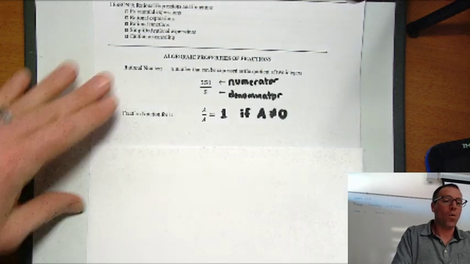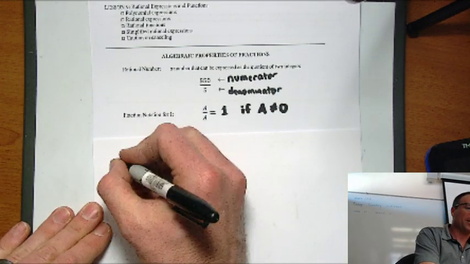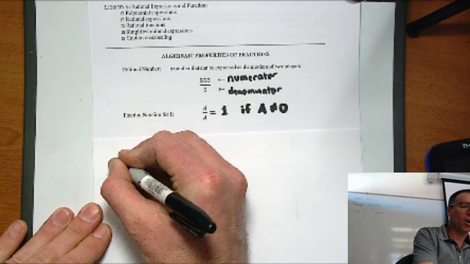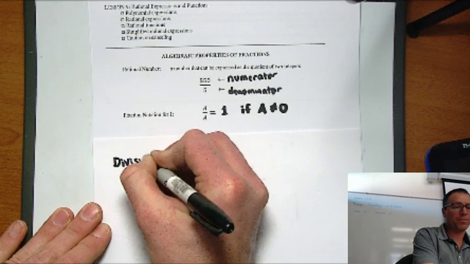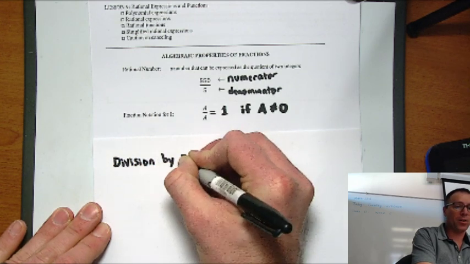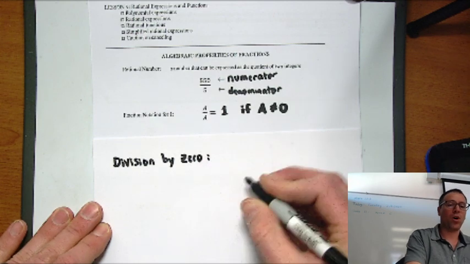Okay, so what I want to do is I want to study 2 cases. We're going to call this division by 0.